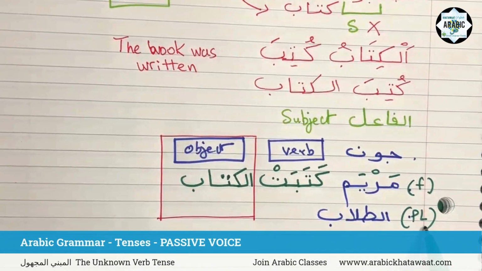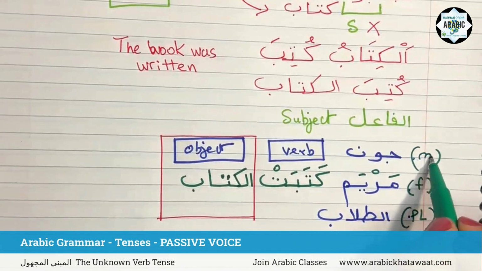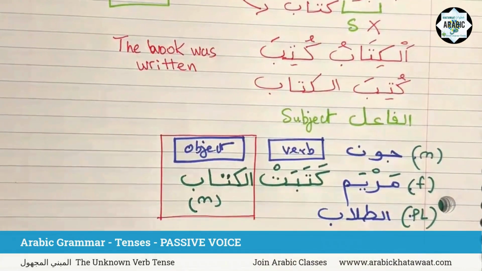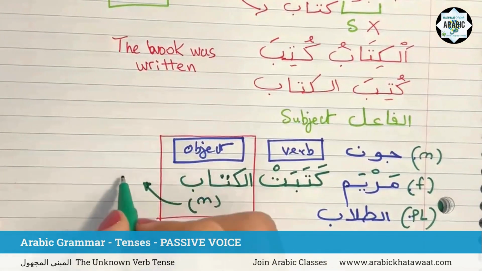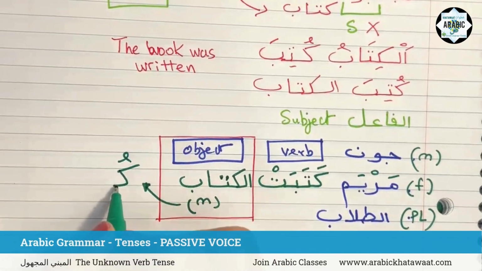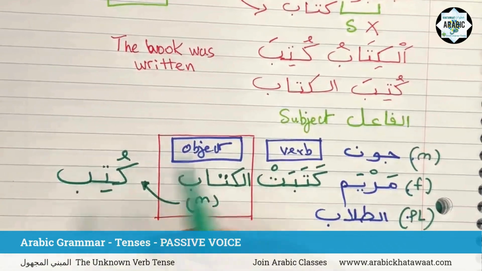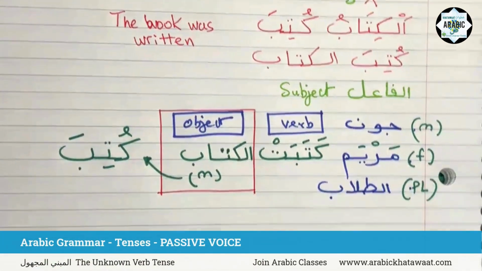It could be plural feminine, it could be plural singular. Here, it's masculine. Al-kitab in this case is masculine. So I have to make sure that the verb needs to be in the masculine singular form. Here I'm saying kutiba, referring to al-kitab.